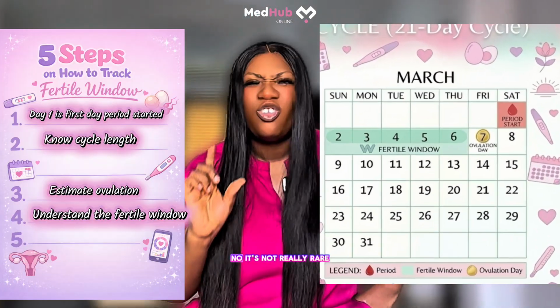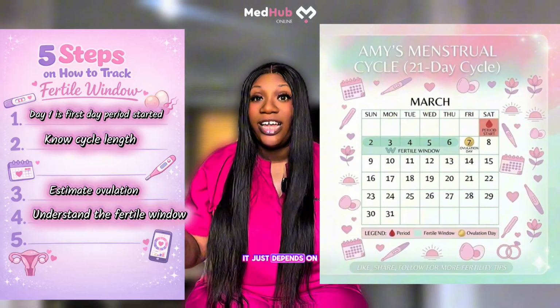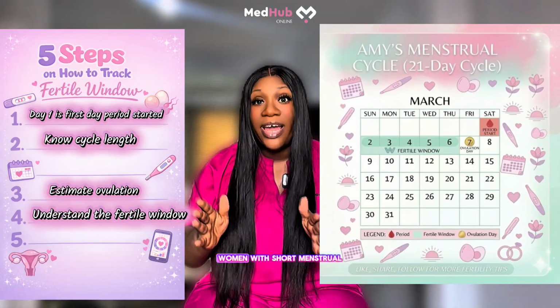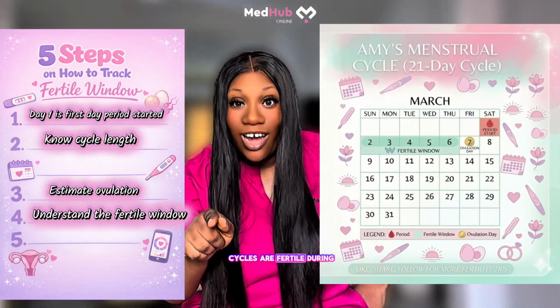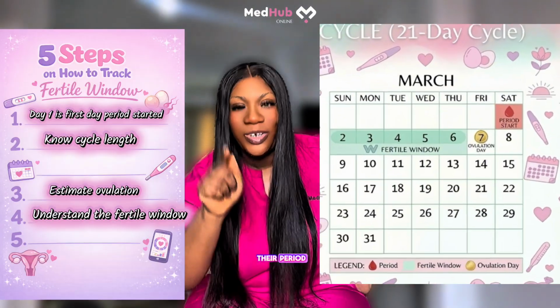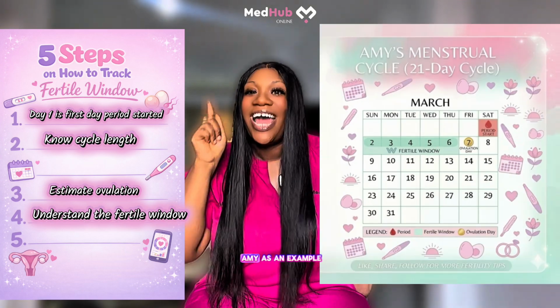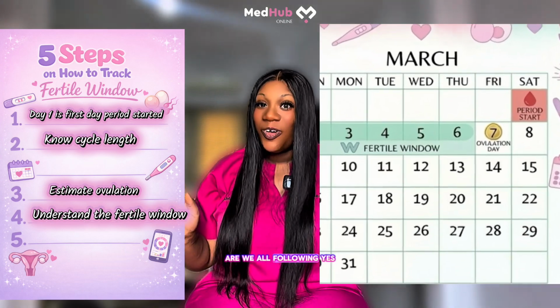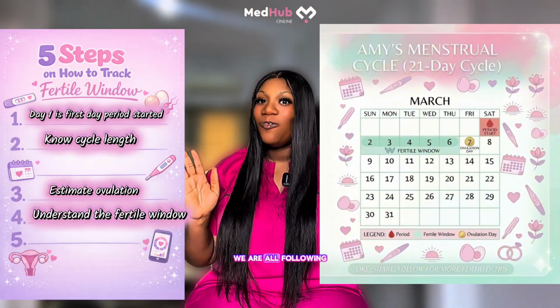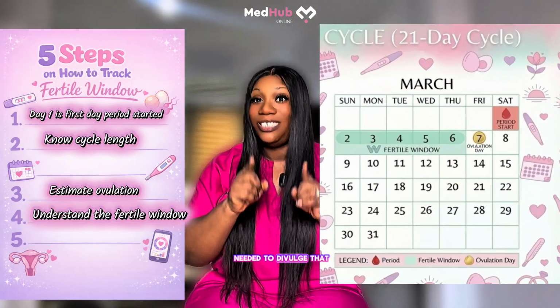Is it really rare? No, it's not really rare. It just depends on the cycle you have. Women with short menstrual cycles are fertile during their period. That's why I use Amy as an example. Are we all following? Yes, we're all following. I just thought I needed to debunk that.